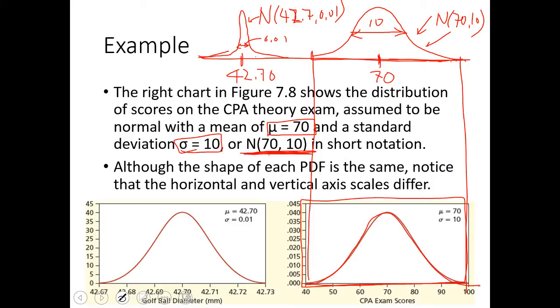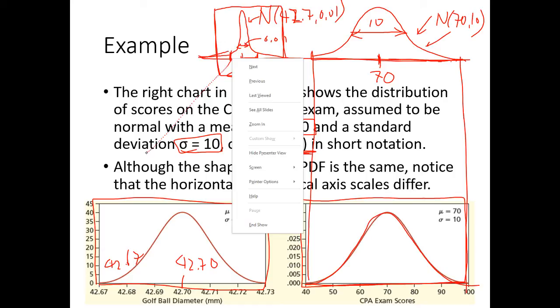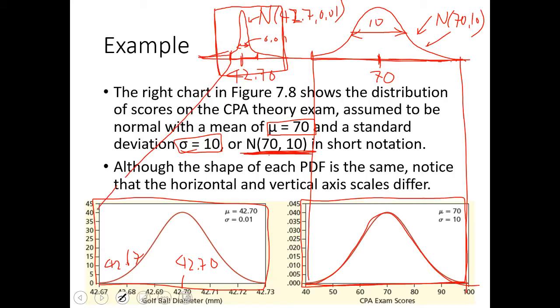And if you draw this normal distribution to this square shape, so here is 42.70, and here is 42.667, so 42.67, so here to here. So then we have to increase this interval to fit here. Okay, we extend this interval to fit here.